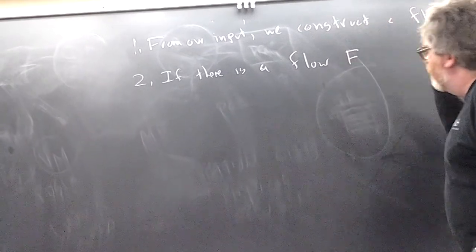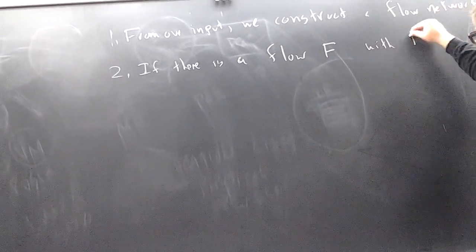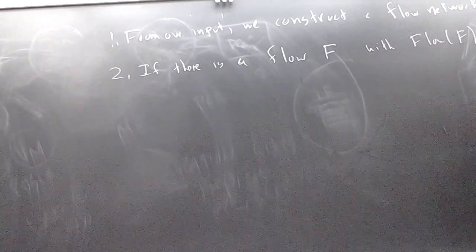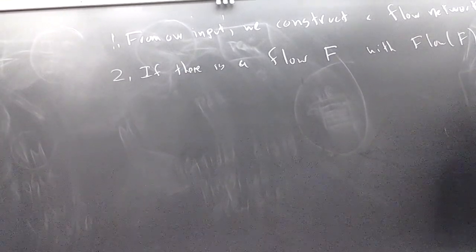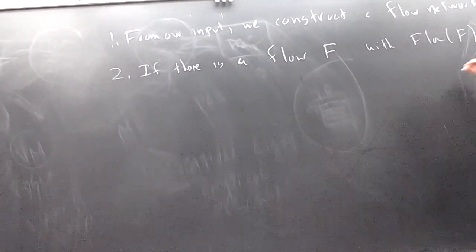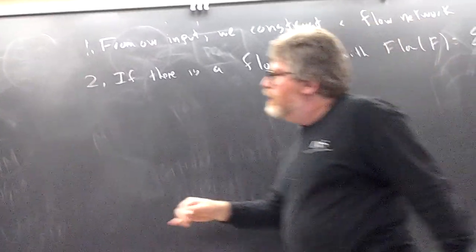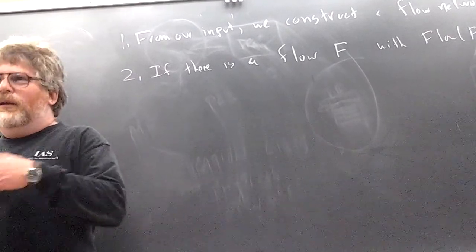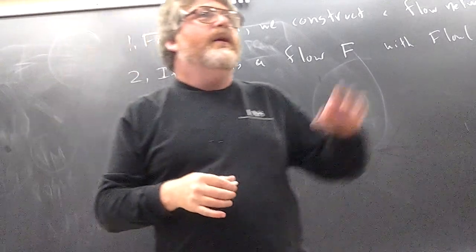So if there is a flow F, when is it going to be good enough to solve our problem? Equal to the sum of the RIs. That means every edge here is used to full capacity, which means that every study has been given its required number of participants.